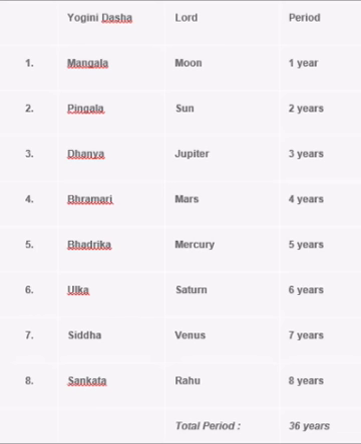Then the sequence follows the same sequence as given to us for the nakshatras. For example, if the person is born in the nakshatra of Ashwini, which happens to be the first nakshatra out of the 27 nakshatras, the ruling planet we know is Ketu.